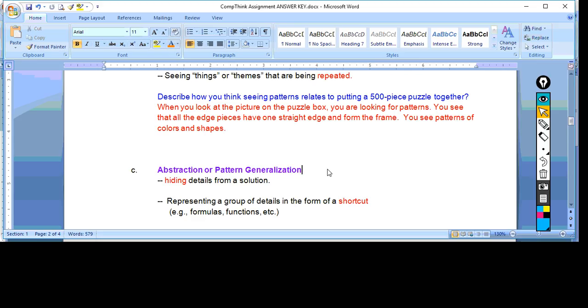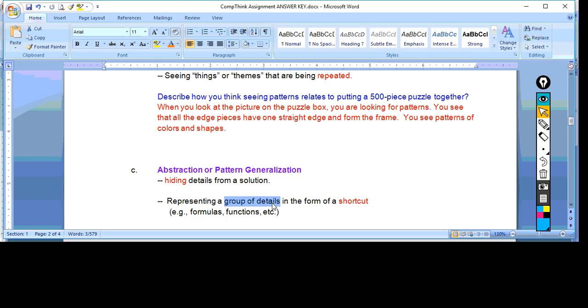If you didn't have that formula, you would have to do it the long way all the time. So a formula takes a group of details or steps and reduces it into a shorter form.